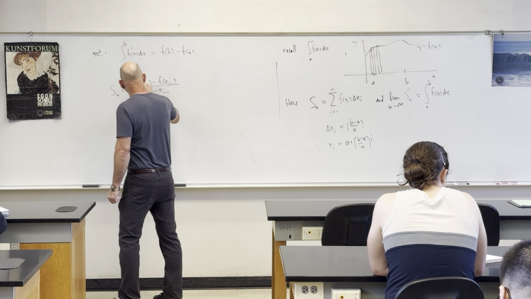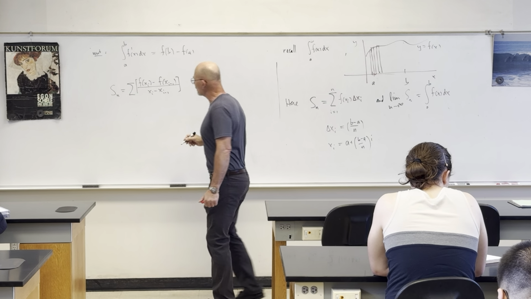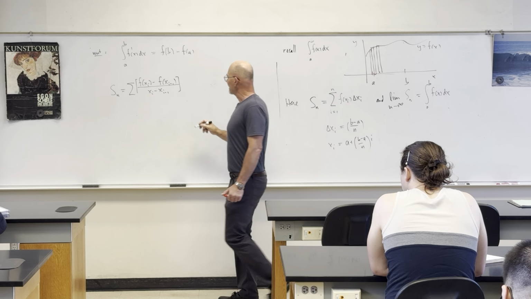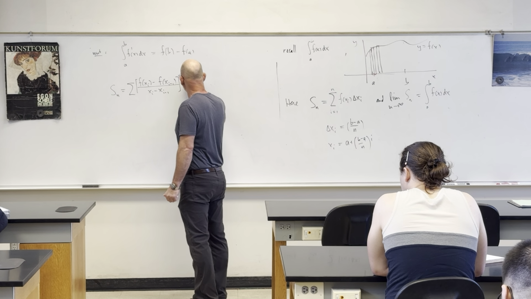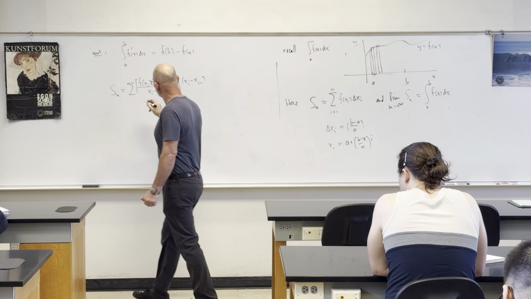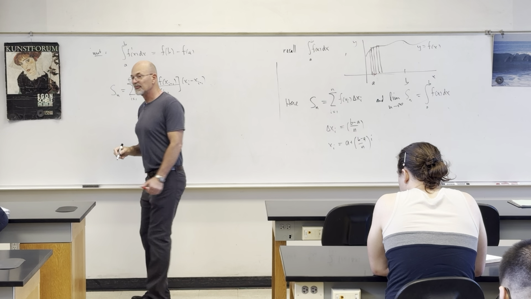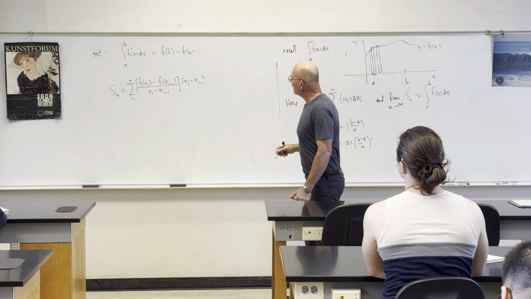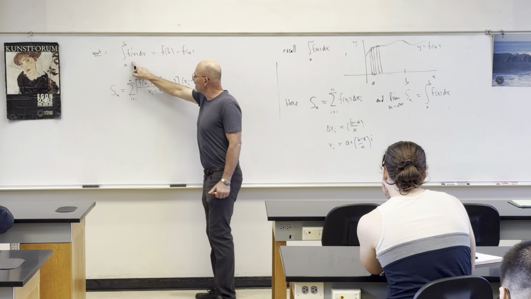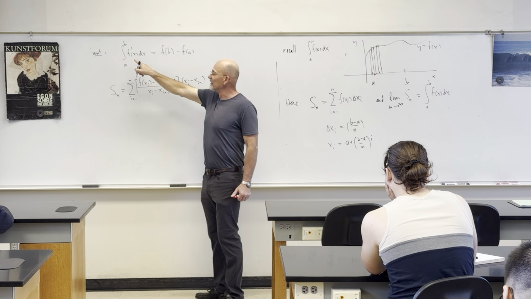So this would be our difference quotient. And then our delta x would be x_i minus x_{i-1}. And we would integrate these, or sum these, from i equals 1 to n. Okay, so that would be the left side, the integral, the sum.